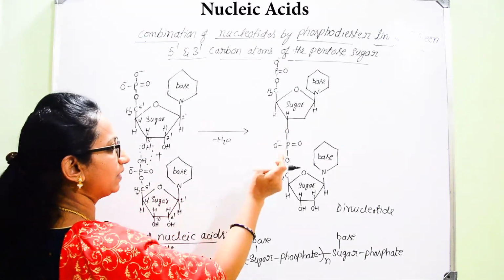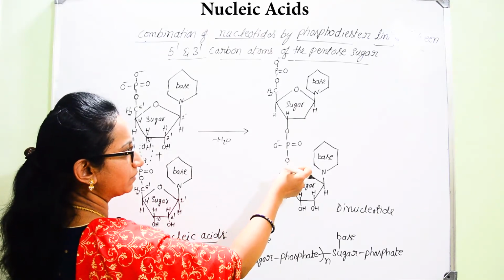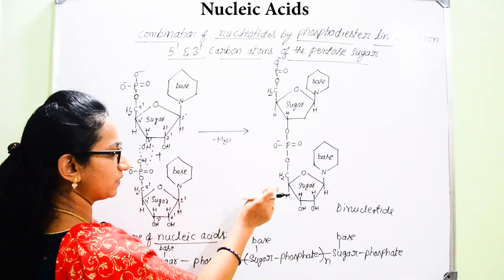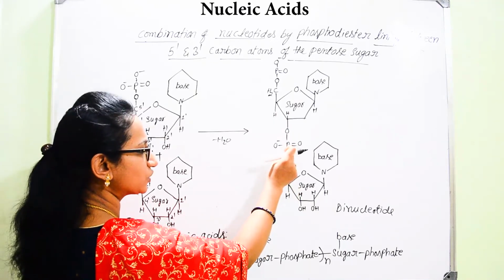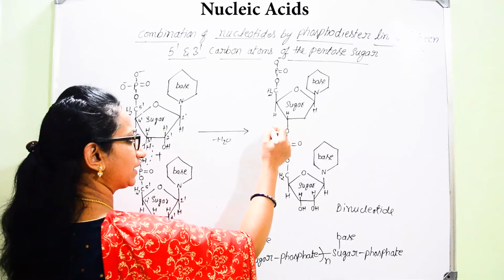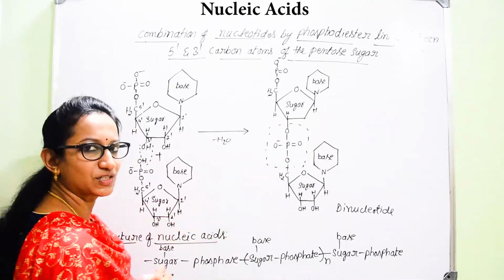So here, at the attachment of the sugar, there is a loss of one water molecule, and on this side also there is a loss of one water molecule. Two hydroxyl groups will be involved, hence it results in the formation of a phosphodiester bond. So this typical type of bond will be considered as a phosphodiester bond.